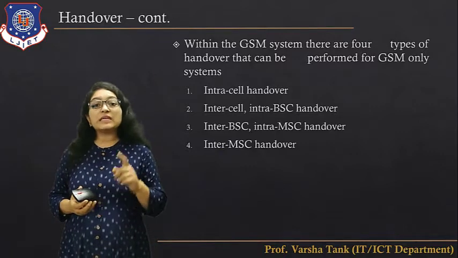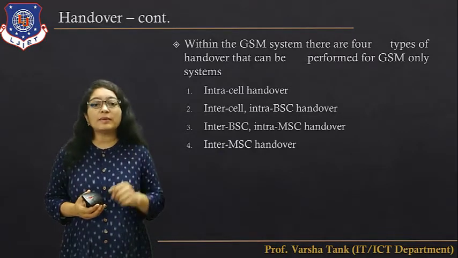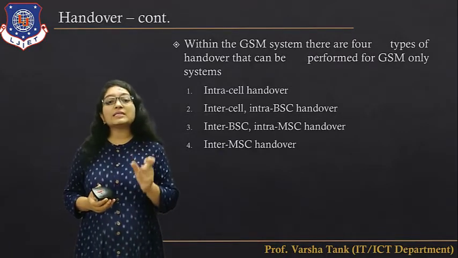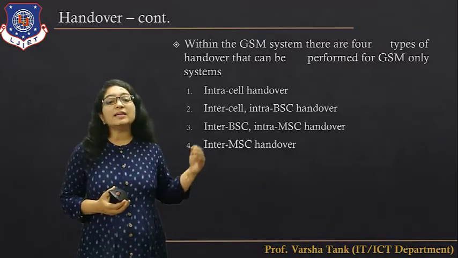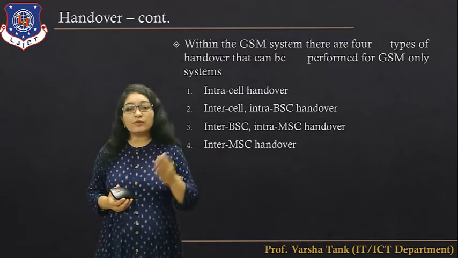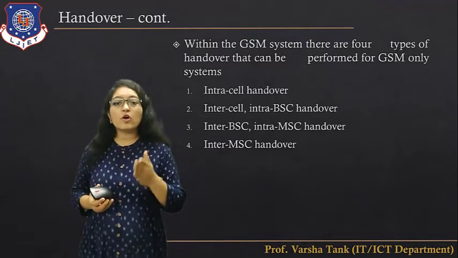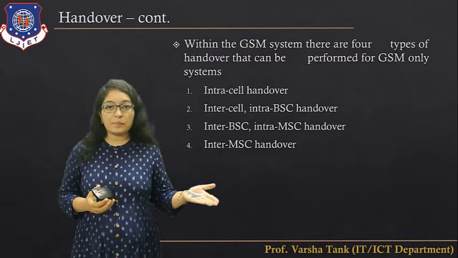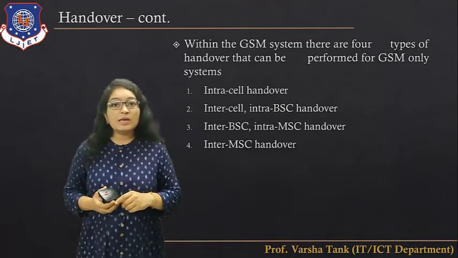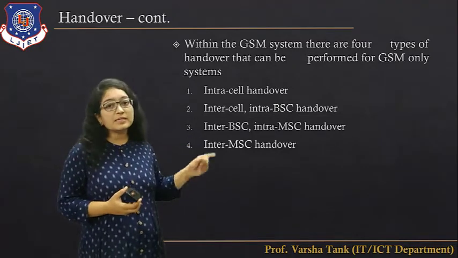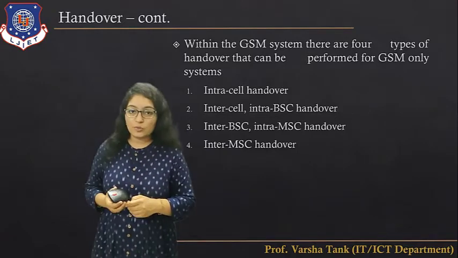Next we have the inter-cell, intra-BSC handover. That means the BSC is the same, but the cell is changing. The device is moving from one cell to another cell, so it is an inter-cell intra-BSC handover. Then the next one is the inter-BSC intra-MSC handover.